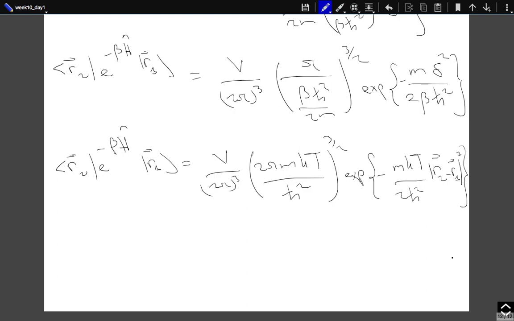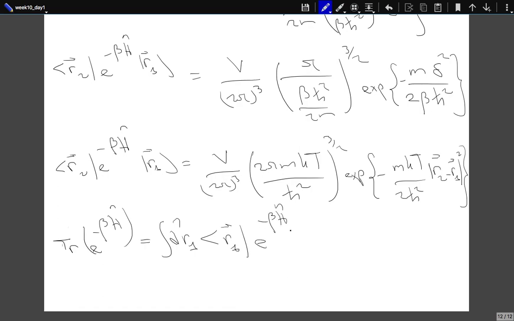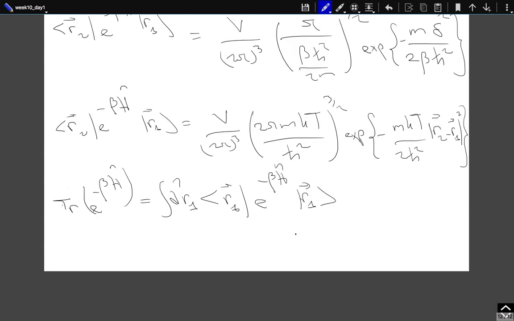Now let's take the trace. Let's find the density matrix. Now the trace of e to the power minus beta H is just the integral d cubed R1 of R1, e to the power minus beta H, R1. While the exponent just becomes 1, the remaining terms are independent of R. So this is just volume times V over (2 pi) cubed.